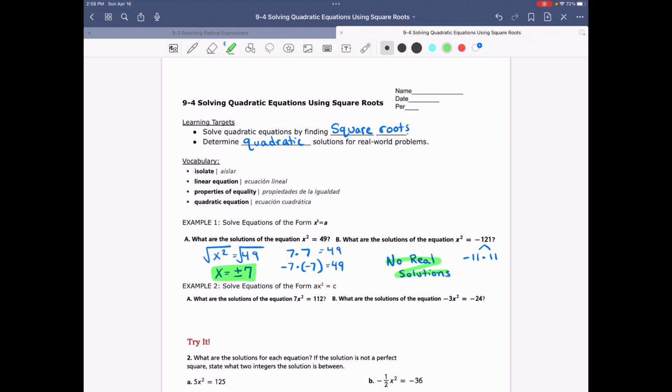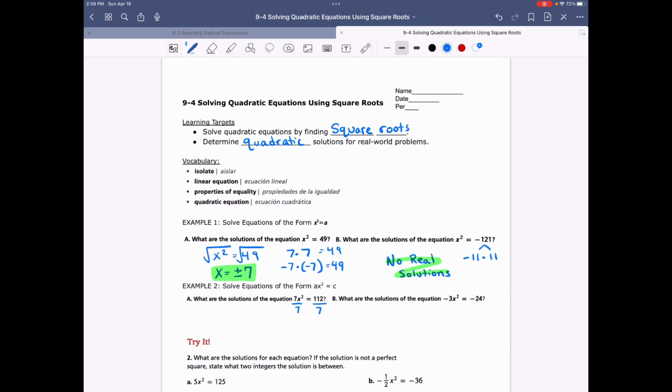Example 2. Solve equations of the form ax squared equals c. All right, what are the solutions of 7x squared equals 112? The first thing that we have to do is divide by 7. Does 7 go into 112?